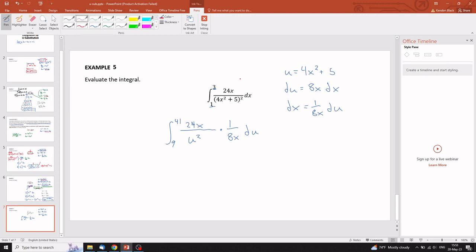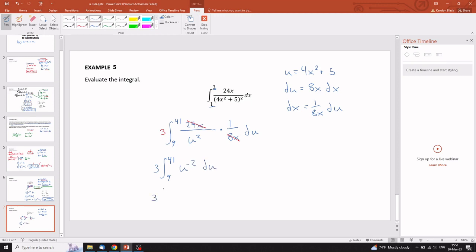Okay, so 24x over 8x is just 3, and we can move that to the outside. So we keep going here, and we get 3 times the integral from 9 to 41 of u to the negative 2 du.